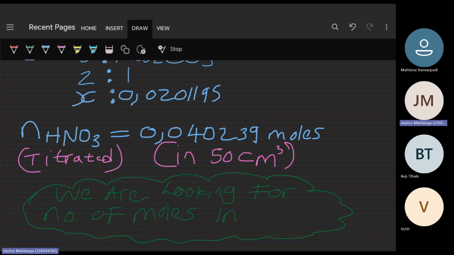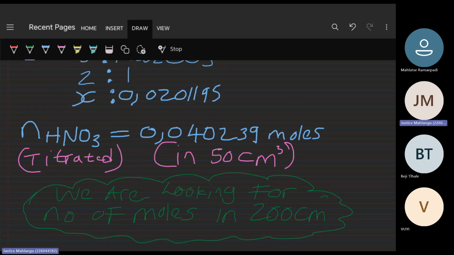In what? In 200 cubic centimeter. We don't care about 50 cubic centimeter, guys. We have got a number of moles in 50 cubic centimeter, which is 0,040239, right? But we are looking for the number of moles in 200, not in 50.